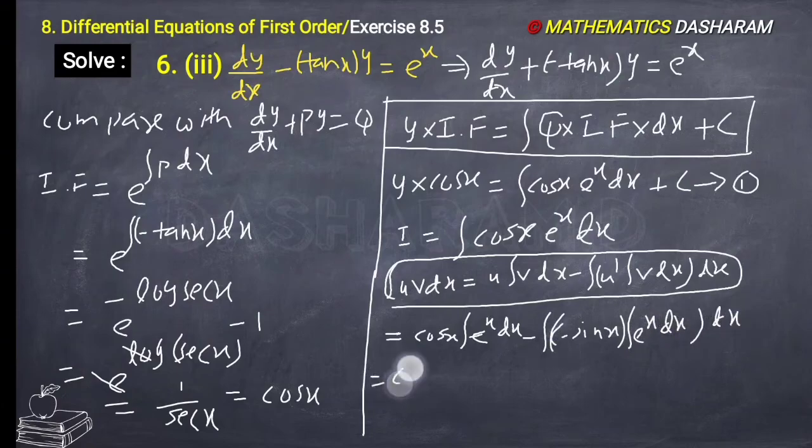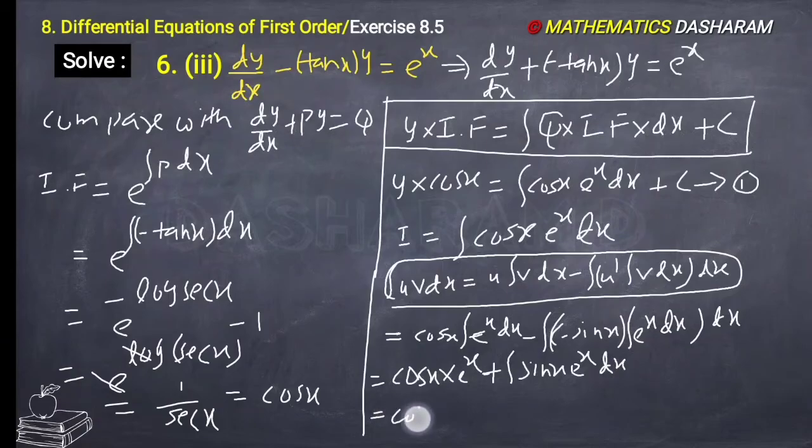So it equals cos x into e power x minus minus of minus, plus integration sin x into e power x dx.